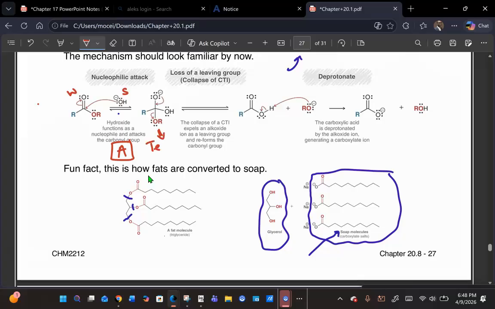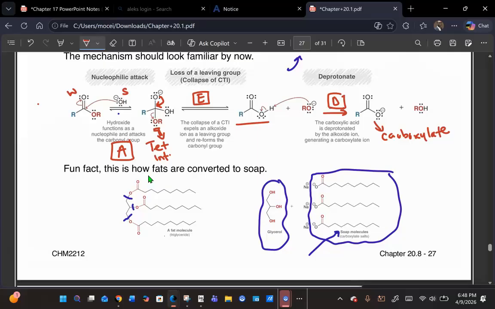So, we're going to call this our tetrahedral intermediate. That collapses in basic conditions. OMe becomes a good leaving group. You get a carboxylic acid that does not survive. So this is the E step. It goes through the D step, and then you get your carboxylate. So this is an AED.